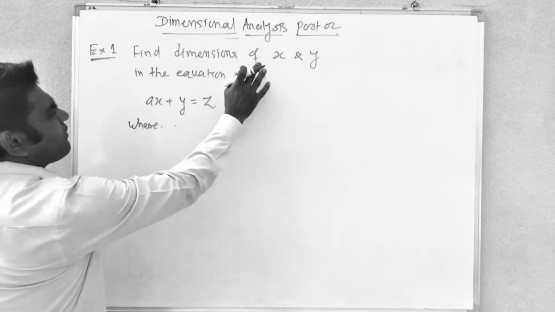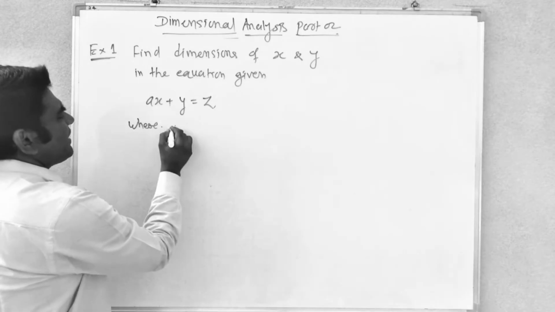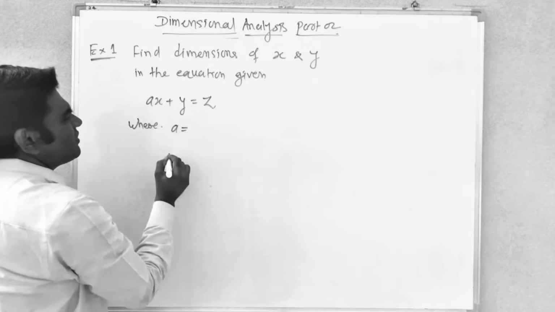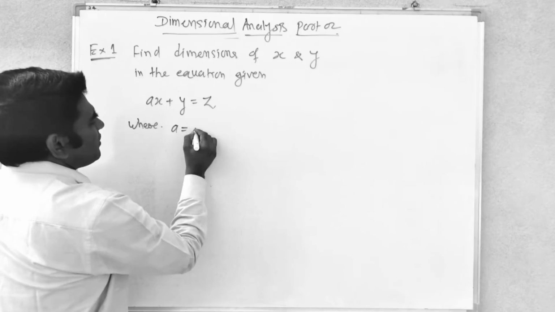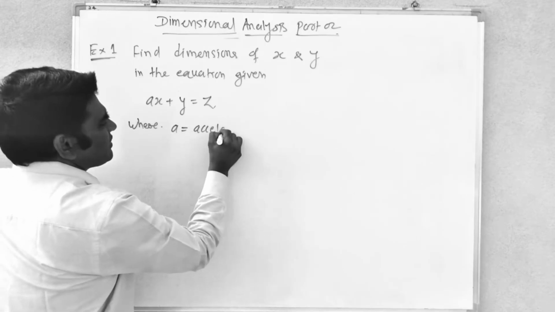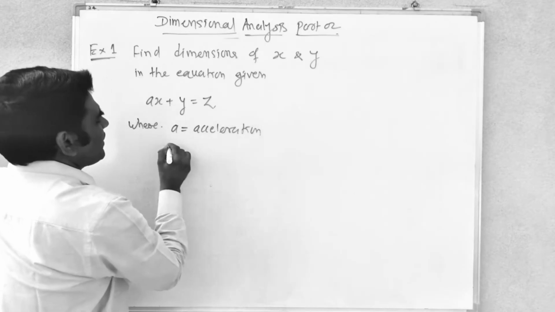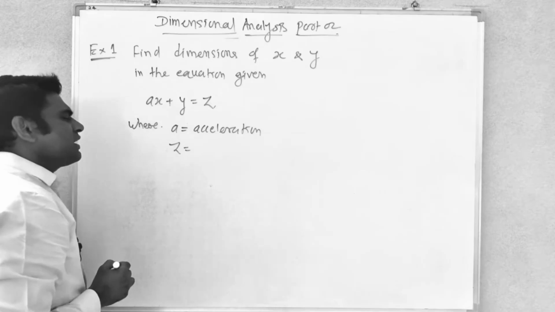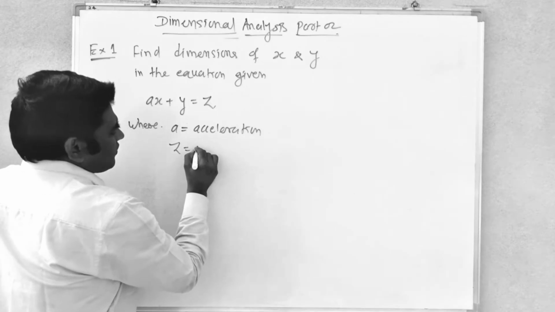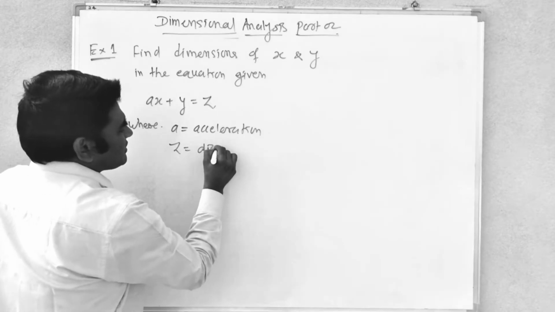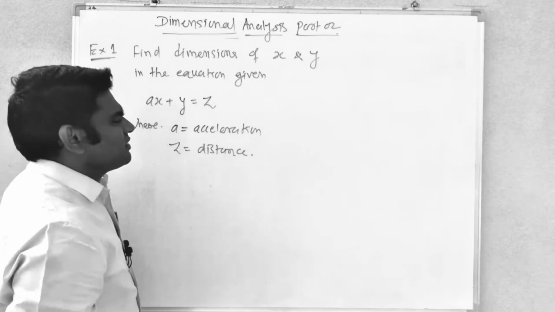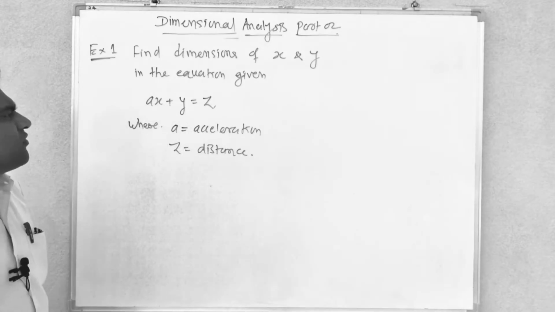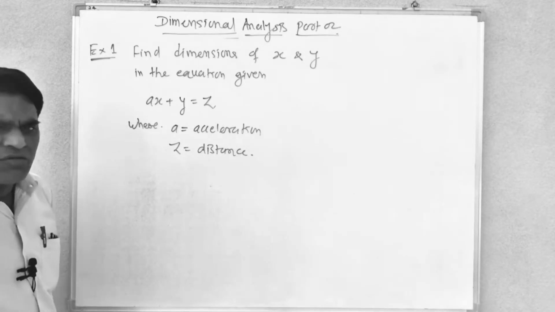We have to find the dimensions of x and y, where a is equal to acceleration and z is equal to, let us say, distance. Find the dimensions of x and y.